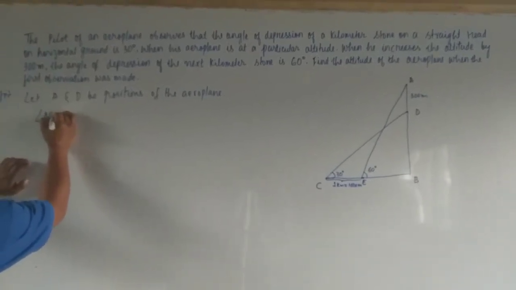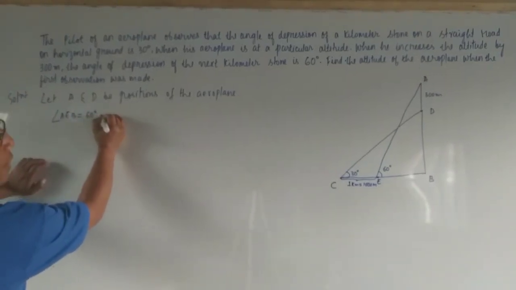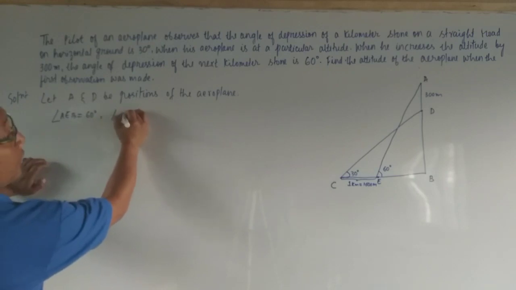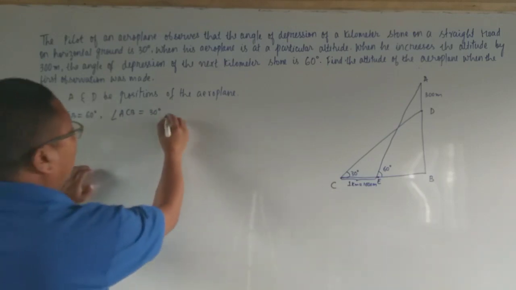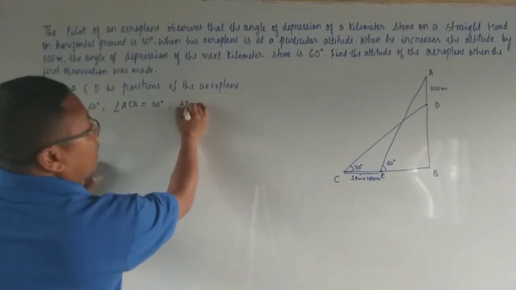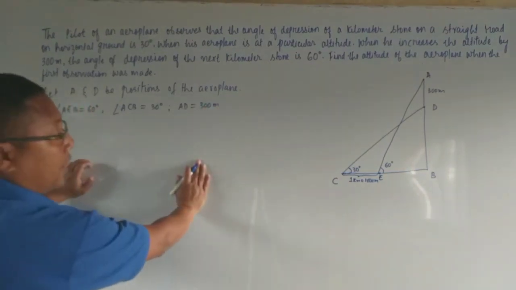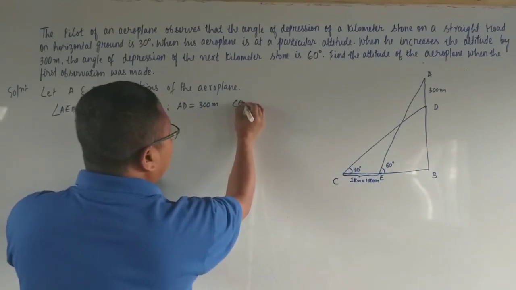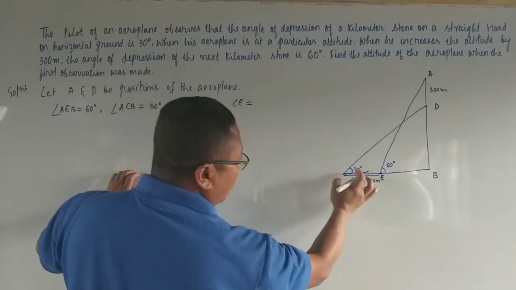Angle AEB equal to 60 degrees. Angle ACB equal to 30 degrees. AD is given to be 300 meters. Then again CE. C and E are the positions of the kilometer stones.